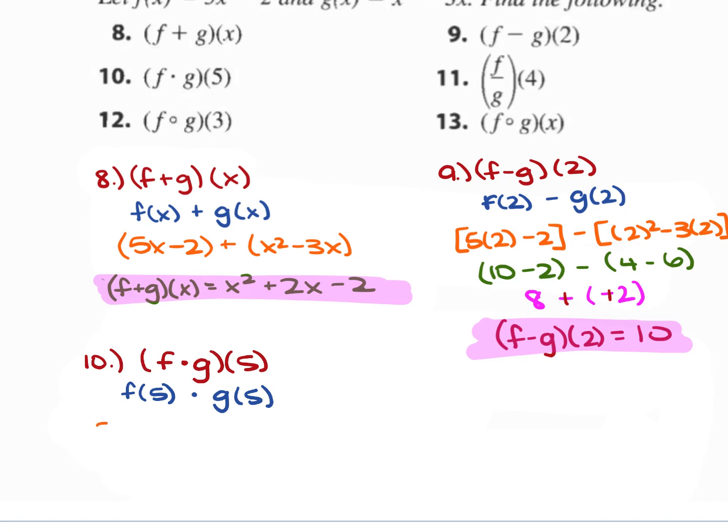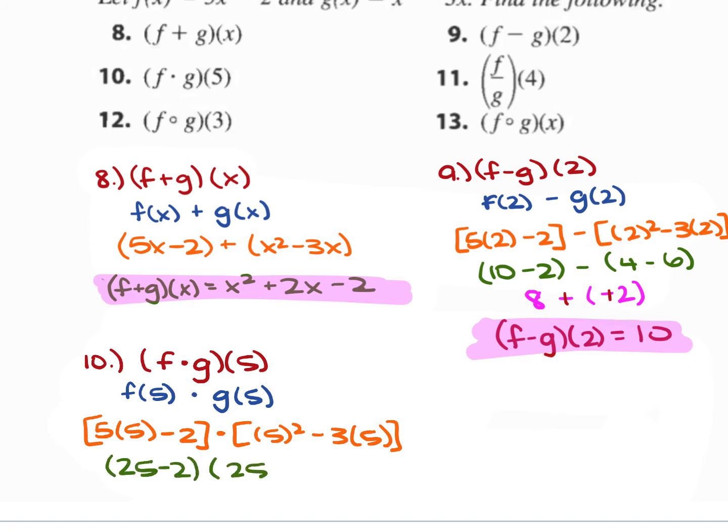So this is going to be 5 times 5 minus 2 times 5 squared minus 3 times 5. From here, that 5 times 5 is 25. 5 squared is 25. Negative 3 times 5 is negative 15.